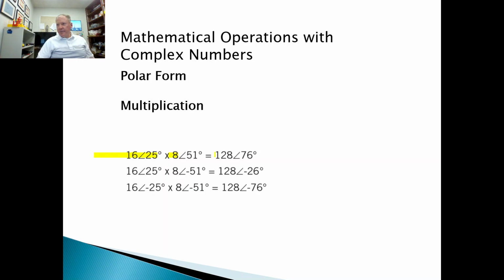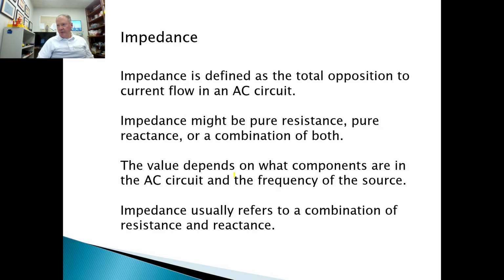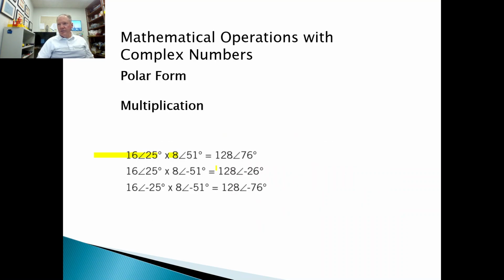So 16 times 8 is 128, and then 25 plus 51 is 76. And then in division, you subtract the angles. So you still divide. 16 divided by 8 is 2, and then 25 minus 51 is negative 26.